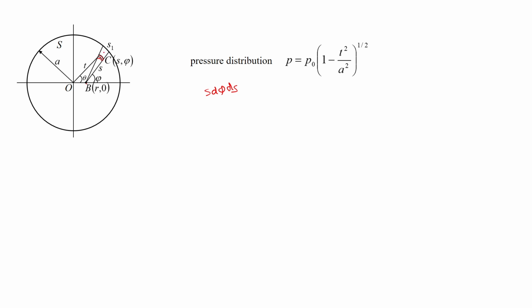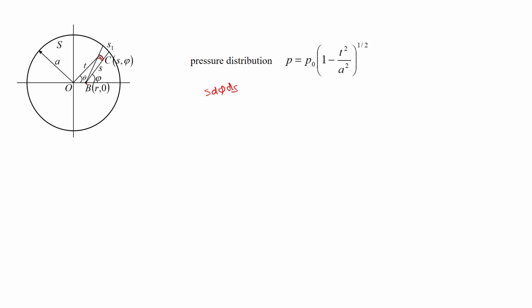What is the vertical displacement at this point B, and then we will use the principle of superposition to integrate the load over the whole area. So, that is basically the idea. Here this small area c is at a distance t from the center, so we need to express this t in terms of s.